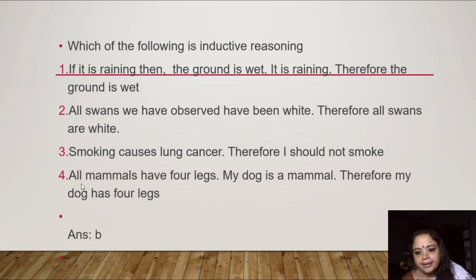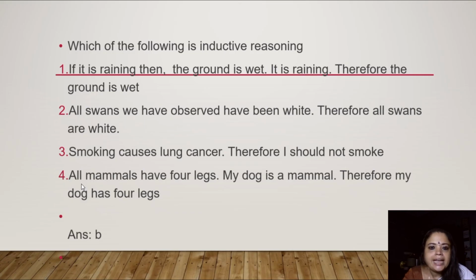So these are the questions with regard to inductive and deductive reasoning. Of course, analogous means one is like the other. I hope all the questions that we have discussed in these slides have been useful to you. If you look through the previous questions, the main things you have to note are that deductive reasoning is deterministic while inductive reasoning is probabilistic.